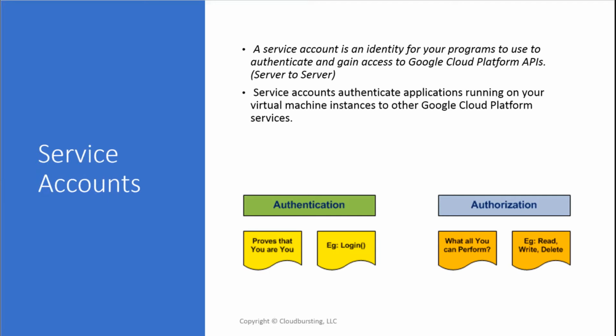So a service account is an identity for your programs and allows them to authenticate and gain access to the GCP APIs. This is for server-to-server communications. These service accounts will authenticate, again, to your VM instances and to other services.